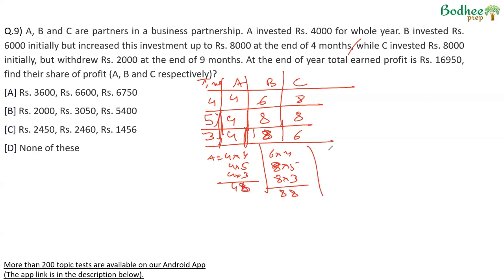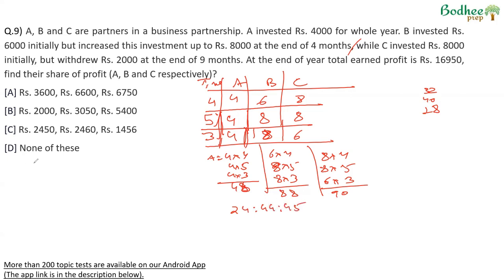For C, it will be 8 into 4, 8 into 5, 6 into 3. So 32, 40 and 18, 90. Therefore, the ratio becomes 48 is to 88 is to 90, that is 24 is to 44 is to 45.